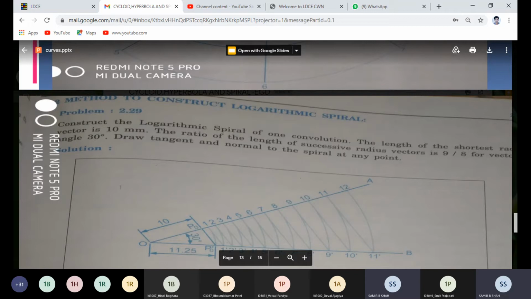From the data, the angle is 30 degree. So the angle between OA and OB is 30 degree.